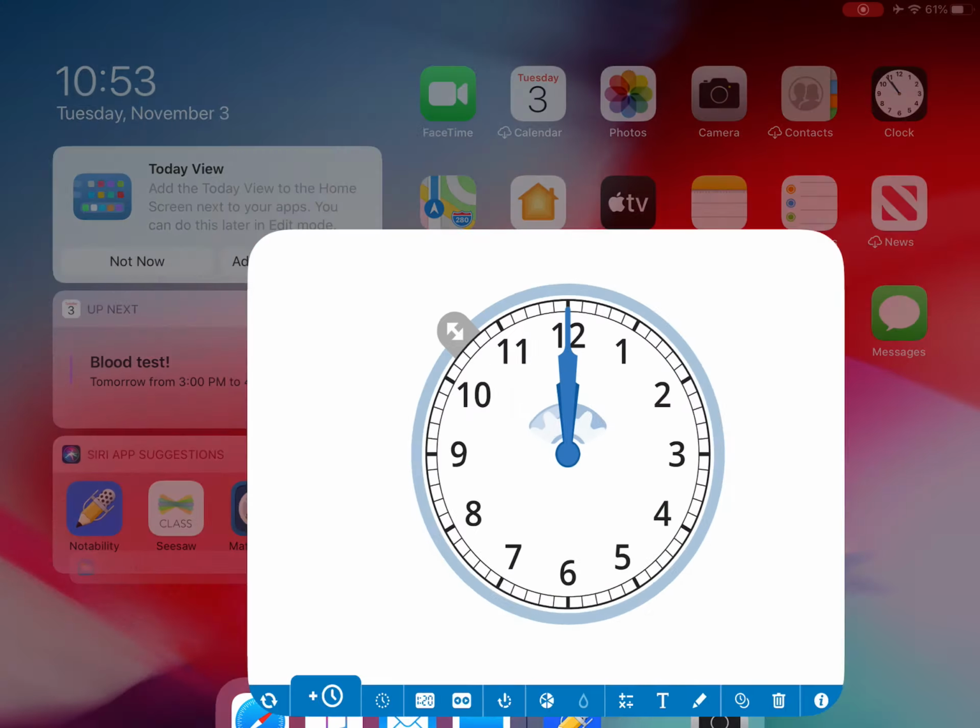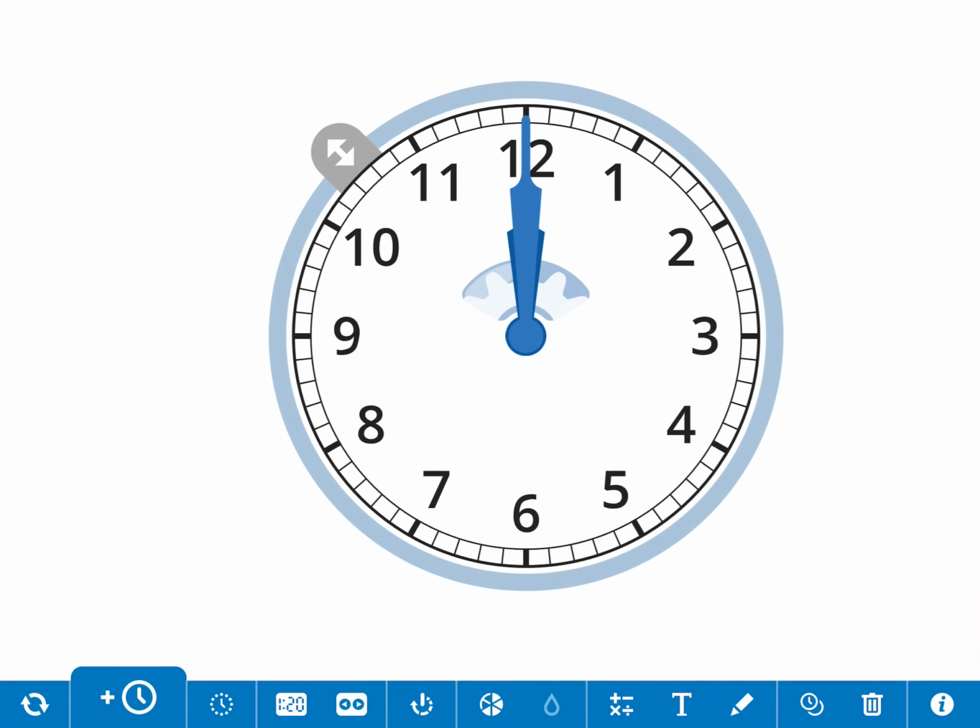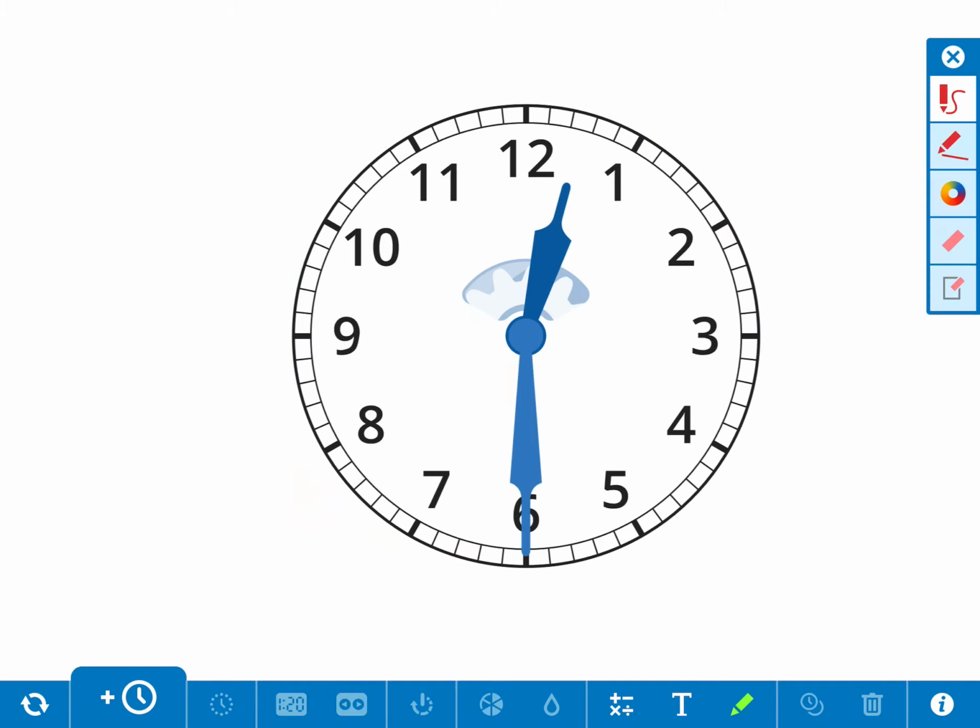Here, let me show you on our clock. So it's showing 12 o'clock like on that very first analog clock. When I move the minute hand to the 6, that shows 12:30. Let's review. 5, 10, 15, 20, 25, 30.